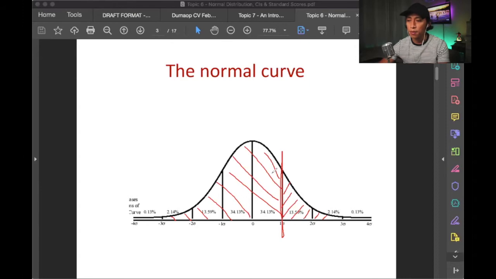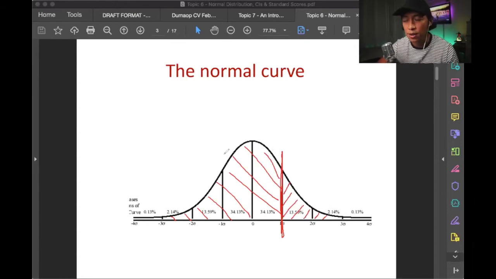And most importantly, we can also talk about probabilities. If we ask, what is the probability of randomly drawing a score that is higher than this raw score, then this has an equivalent probability, which numerically is the same as the proportion value.